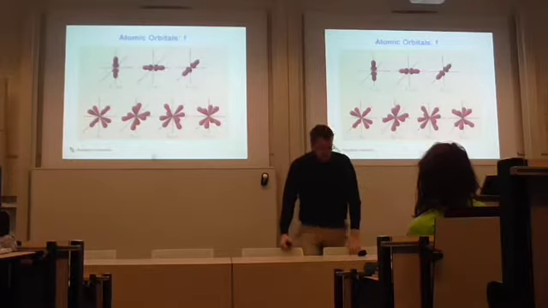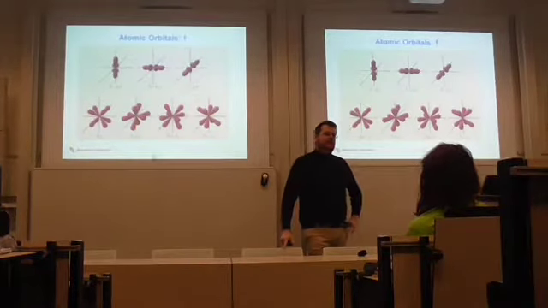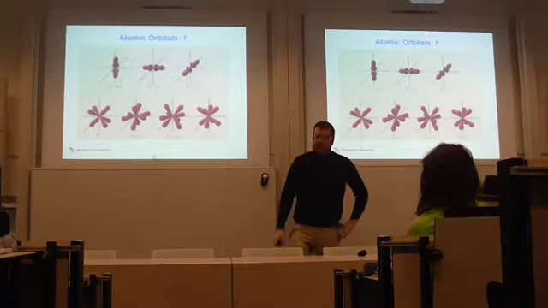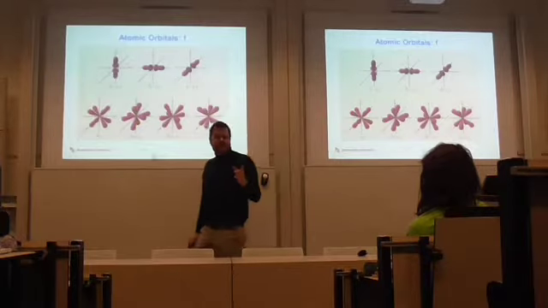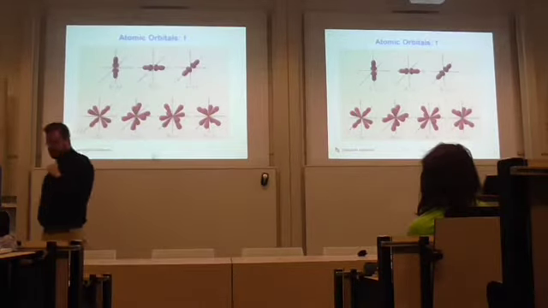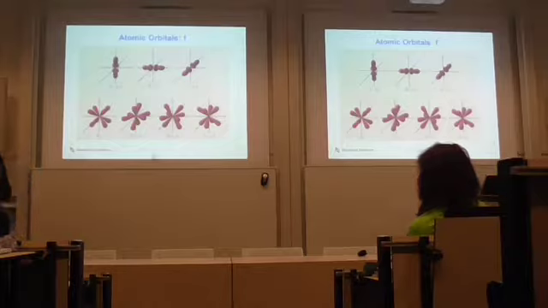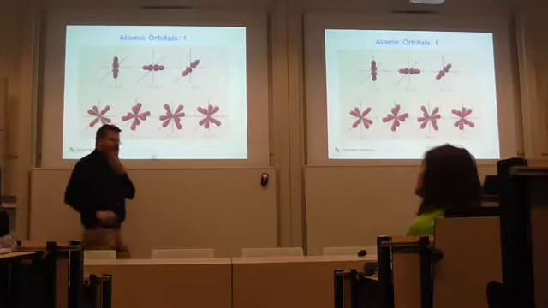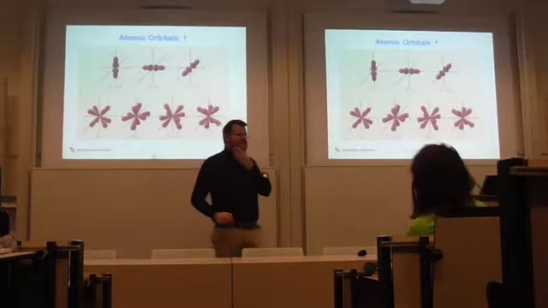How do they compare to each other in terms of size? Like, are the F orbitals huge compared to the S orbitals? It's a very good question and a very difficult one to answer. It depends on which energy level you're in. For example, in the lower energy levels, the S and the P are the same size.